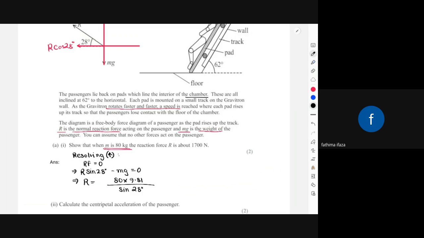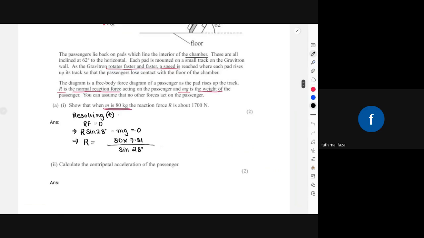Yeah, then you are getting 1671.66747. That is almost equivalent to 1700, right? So 1671 Newton, so 72. Yes, one minute, 1672 Newton. So that is your final answer.